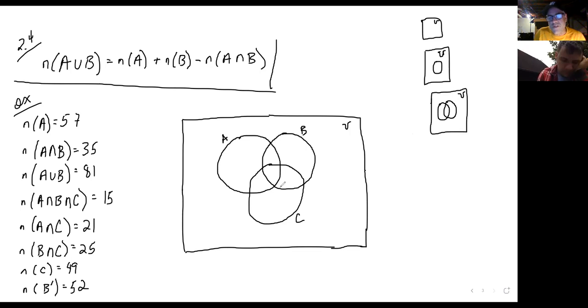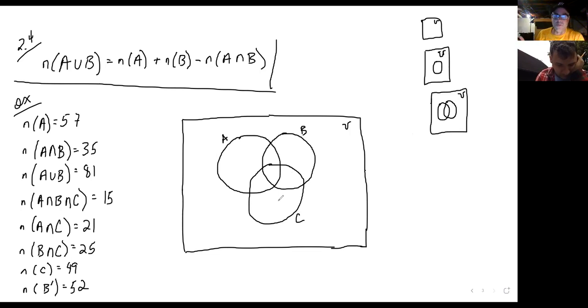If you have three sets in here, note you've got 1, 2, 3, 4, 5, 6, 7, 8. It's powers of 2. If you put 4 sets in there, you'll have 16 regions. If you put 5 sets in there, you'll have 32 regions, and so on and so forth. It's always by powers of 2.